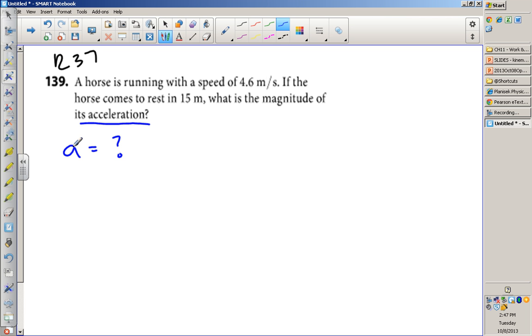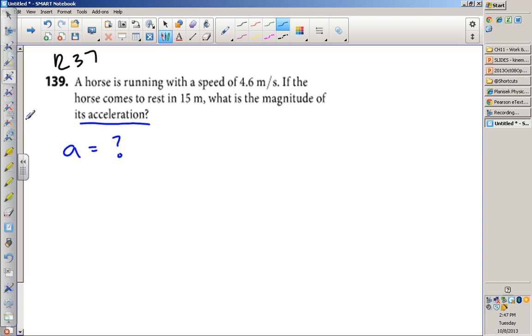Things we have to work with. What did they tell us about in this problem? Speed. Which speed? Let's talk about that. What does it tell us is happening to the horse in this problem? It comes to rest.